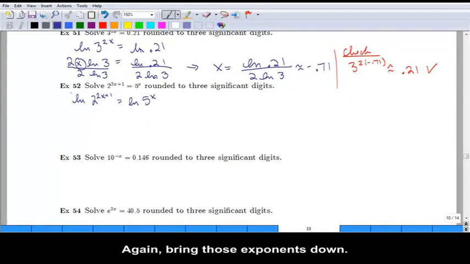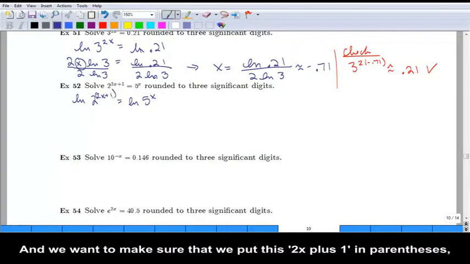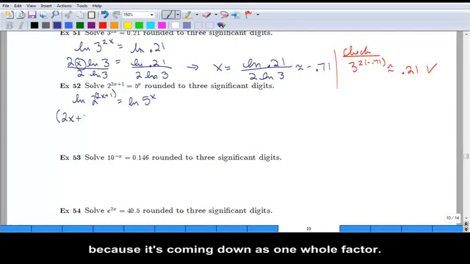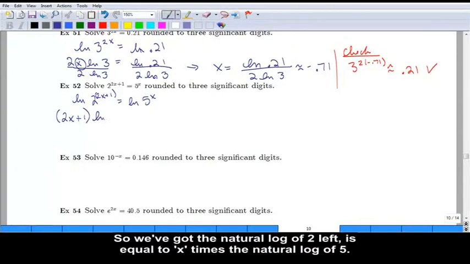Again, bring those exponents down, and we want to make sure that we put this 2x plus 1 in parentheses because it's coming down as one whole factor. So we've got the natural log of 2 left is equal to x times the natural log of 5.